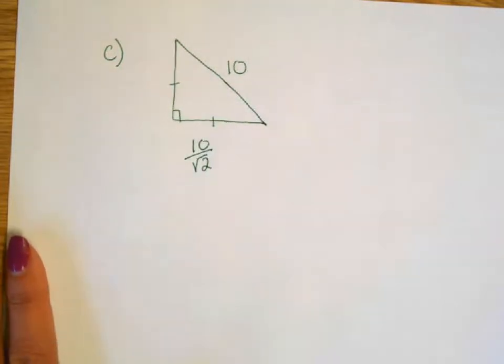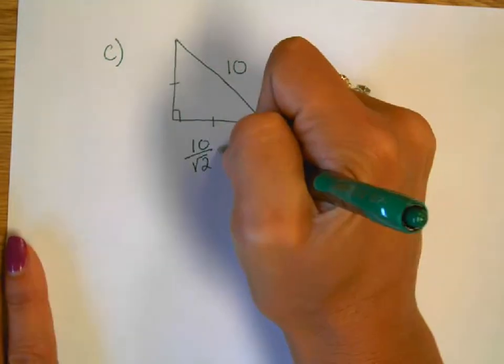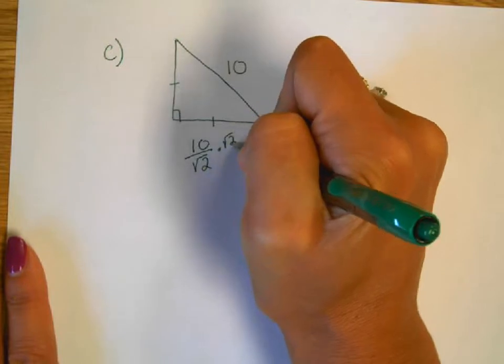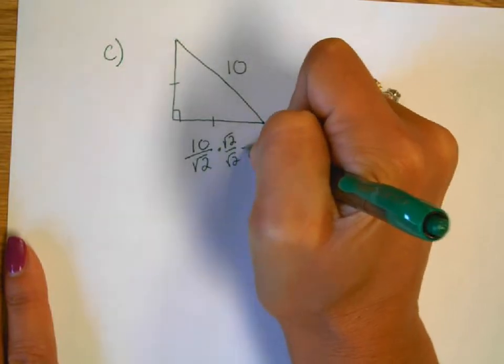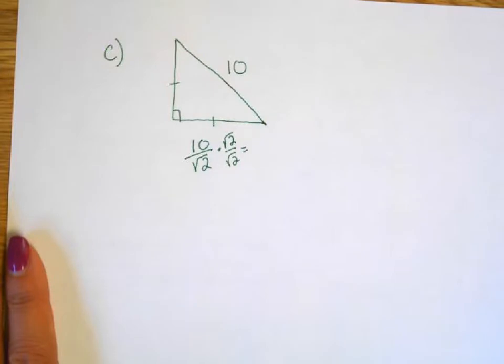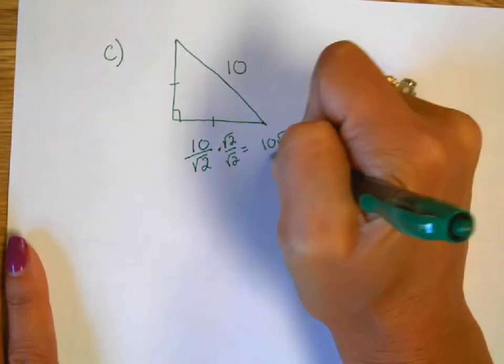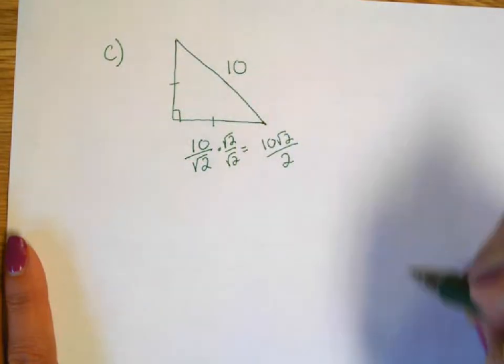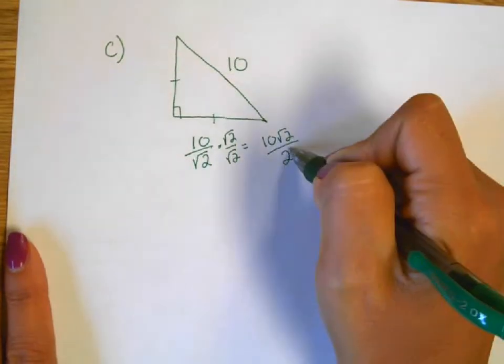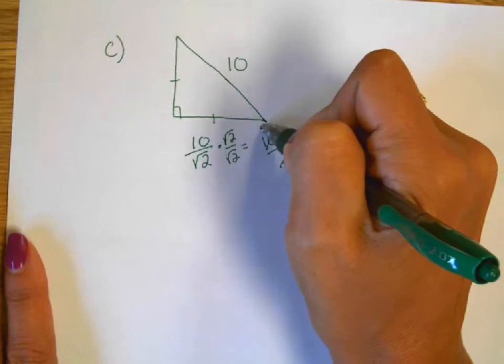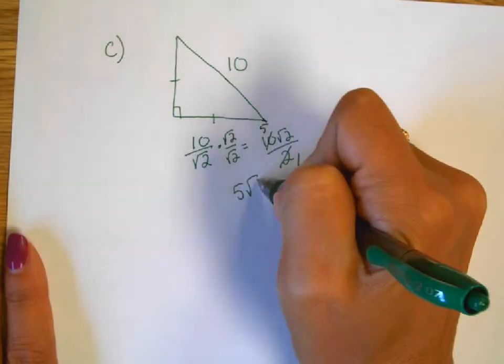The only problem is we can't leave the square root in the bottom. Hit it with a 1. So we will have 10 times the square root of 2 over 2. Anything simplify? 10 and the 2. We get 5 square root of 2.